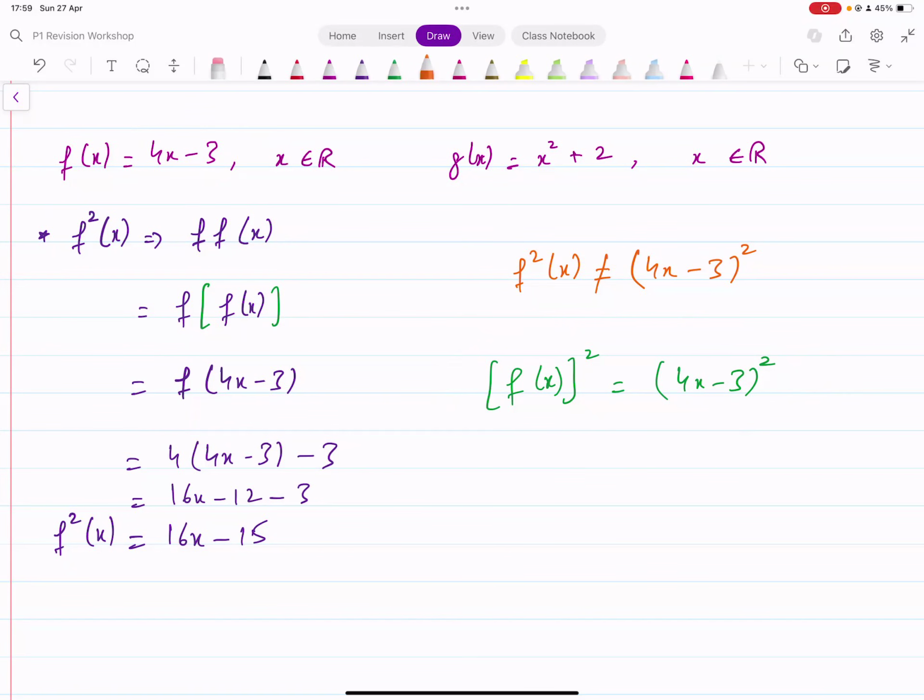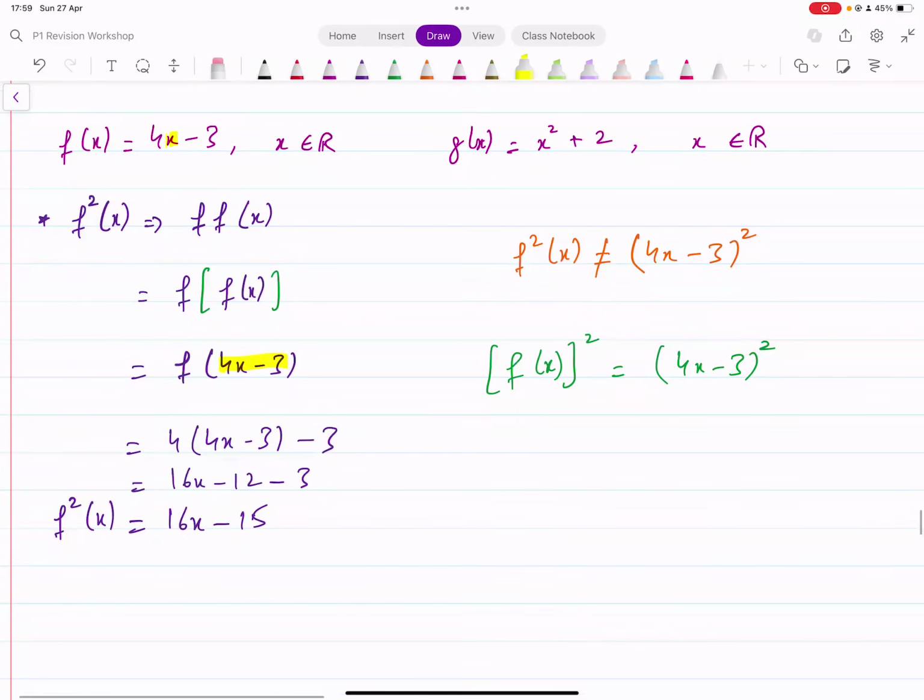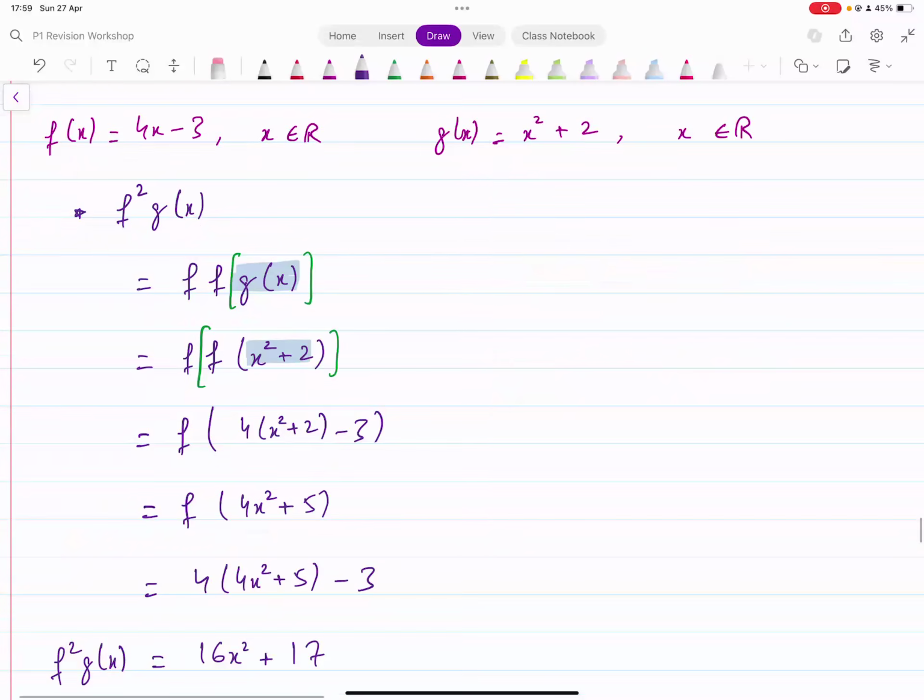So it's a composite function such that you're inputting f inside the function f. Function f is being put inside itself. So inside f, you're inputting 4x minus 3. Wherever in that function you've got x, you replace that with 4x minus 3, simplify that, and you get that result.